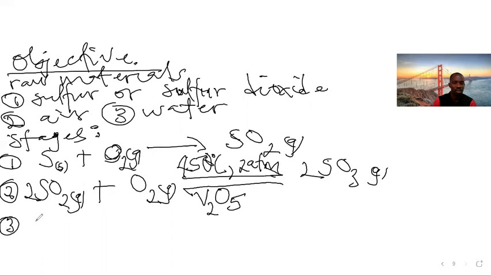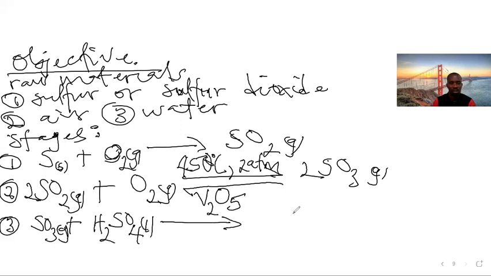Okay, stage 3, sulfur trioxide. Sulfur trioxide is removed to increase the yield by dissolving in sulfuric acid. Sulfur trioxide as a gas, sulfuric acid as a liquid. This stage is not reversible, to give you oleum.